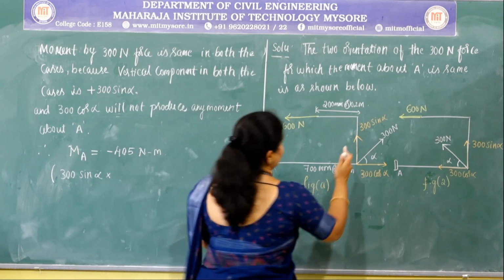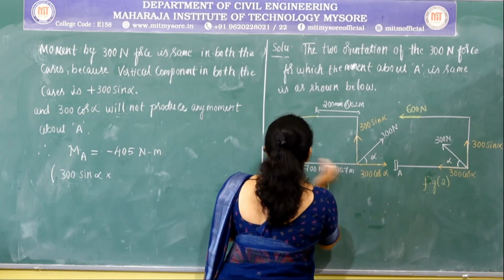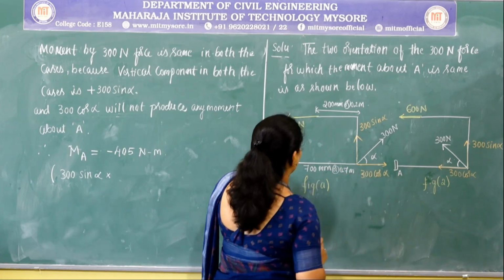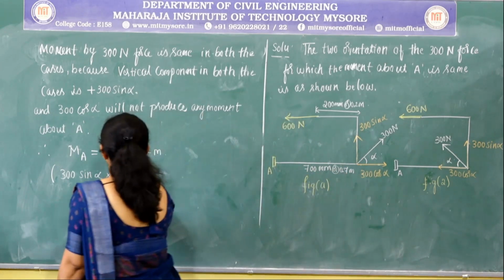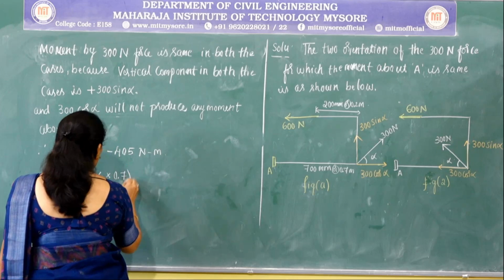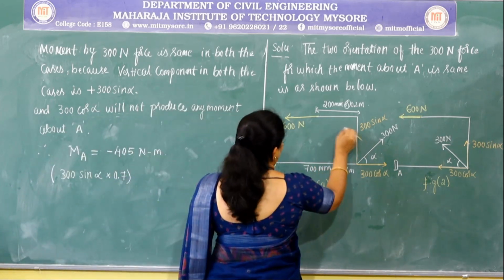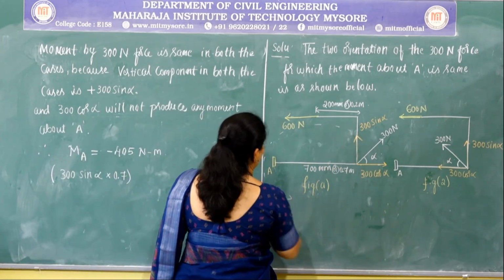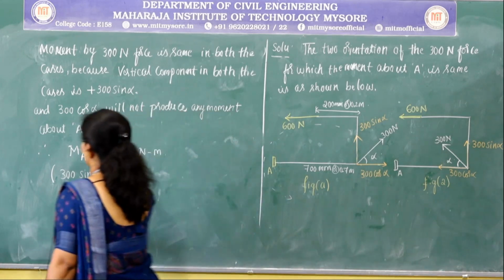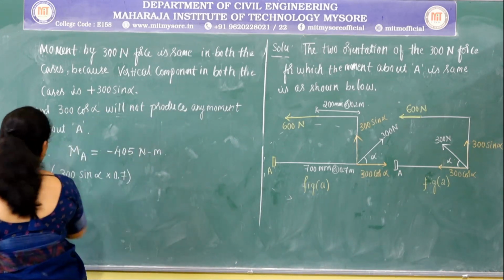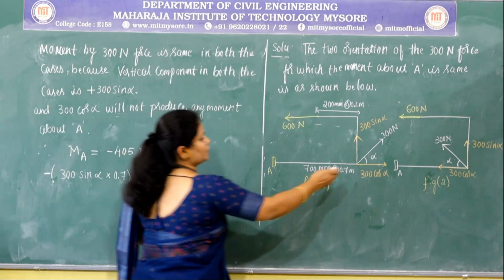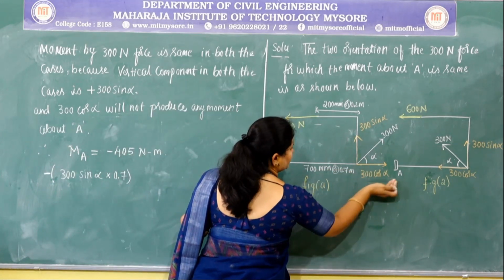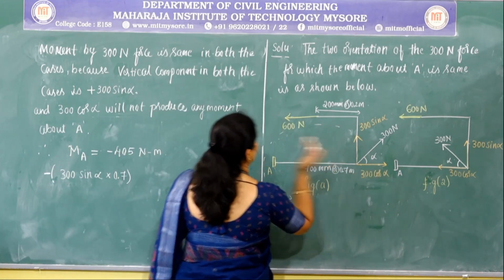So 300 sin alpha multiplied by the perpendicular distance 0.7 meters, and this force is producing an anti-clockwise moment, so that is why it is negative. Next, the moment produced by this horizontal component is directly 0.